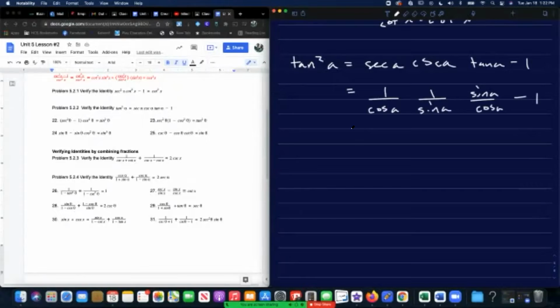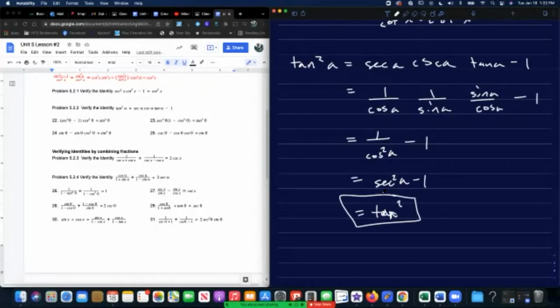So basically the sines will cancel, but you'll be left with 1 over cosine squared of alpha minus 1. 1 over cosine squared would be secant squared of alpha minus 1, which is indeed tangent squared. Once again, this will be a great time for you all to practice, making sure that you are familiar with all of the identities we've covered thus far.